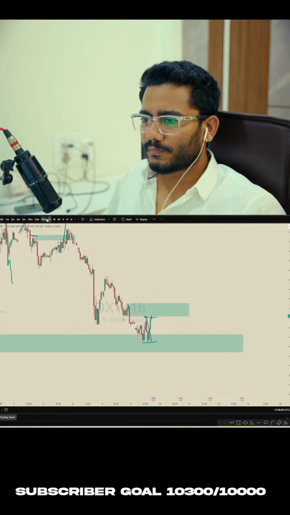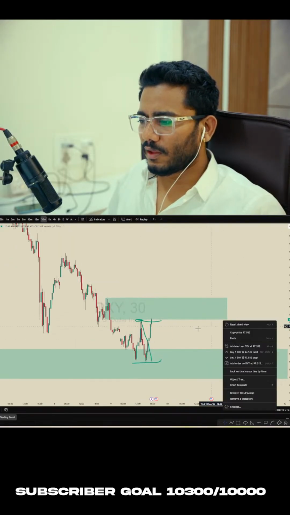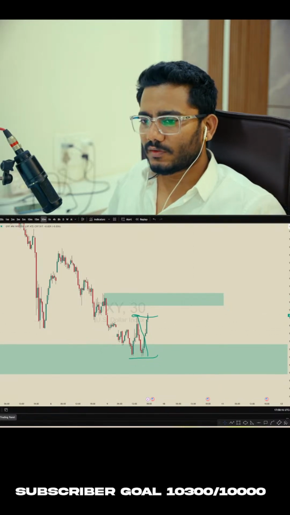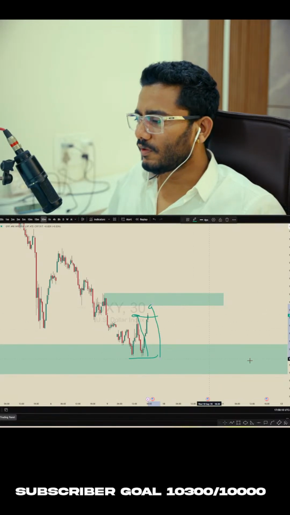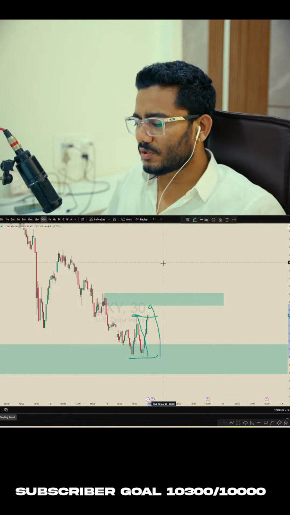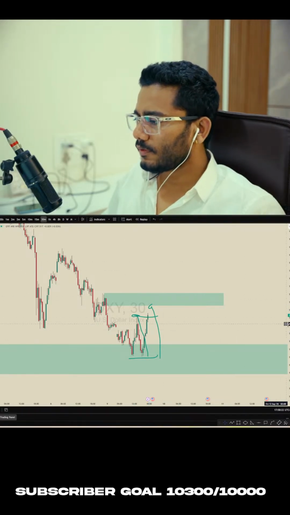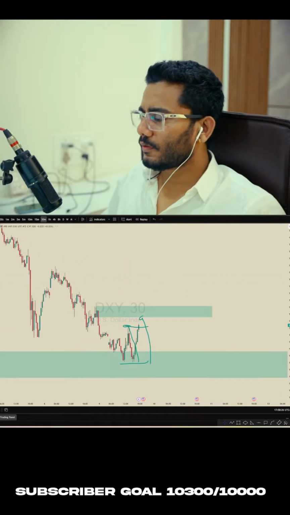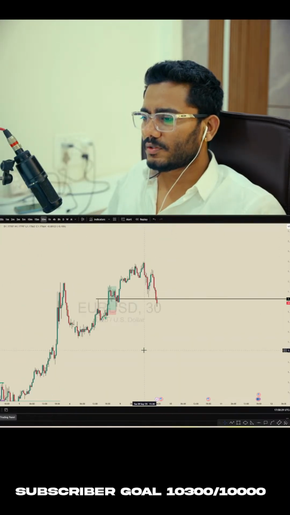So let's see if we have this. So this is a breaker block and this is an order block. So if we get reaction from this, then we'll see same move on USD JPY. Euro USD.